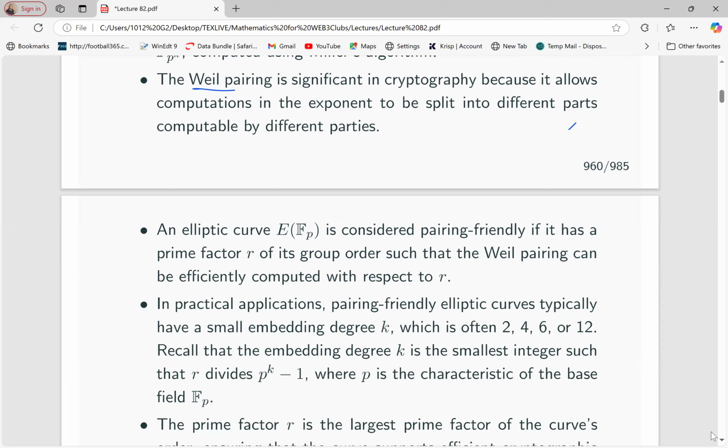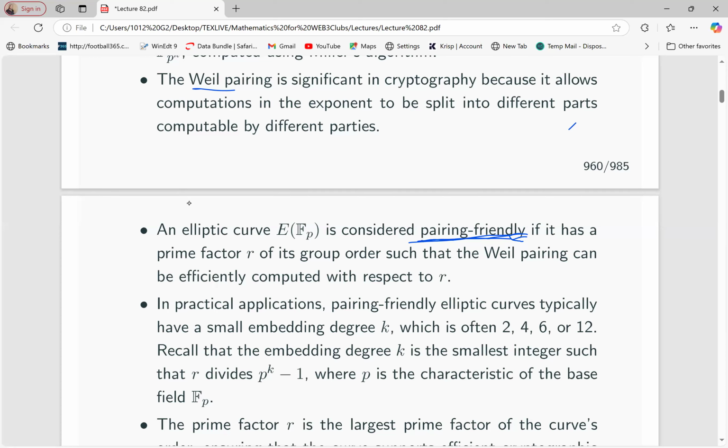Therefore, the curves on which Weil pairing can be defined are called pairing-friendly curves. Pairing-friendly curves are known; you can even Google them. So for practical reasons, you just use pairing-friendly curves. Don't just use any curve.